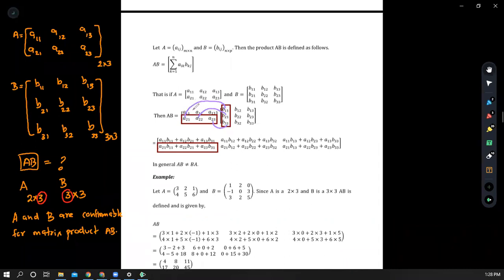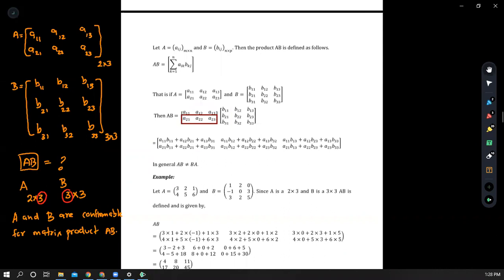Therefore, first element with first element, second with second element, third element with third element. It gives the summation of these three quantities, and it will result in the element at the second row, first column.